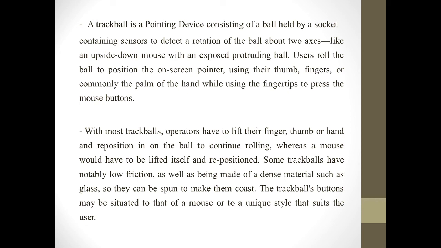Some trackballs have notably low friction as well as being made of dense material such as glass, so they can be spun to make them coast. The trackball's buttons may be situated like those of the mouse or in a unique style that suits the user.